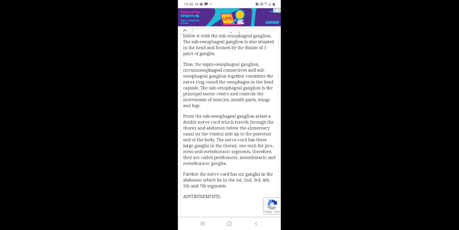From the subesophageal ganglia arises a double nerve cord which travels through the thorax and abdomen below the alimentary canal on the ventral side up to the posterior end of the body.